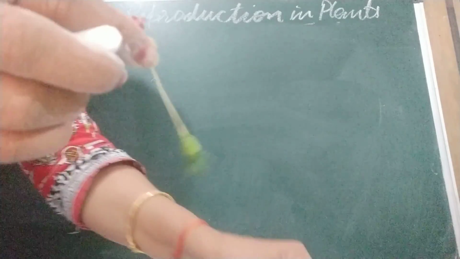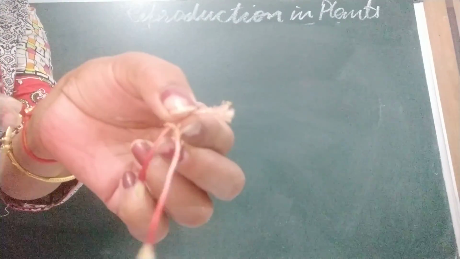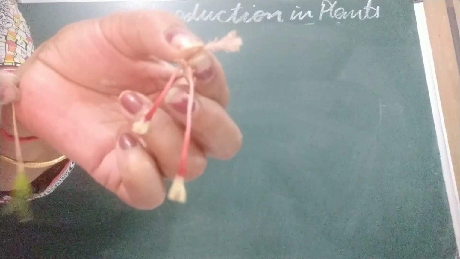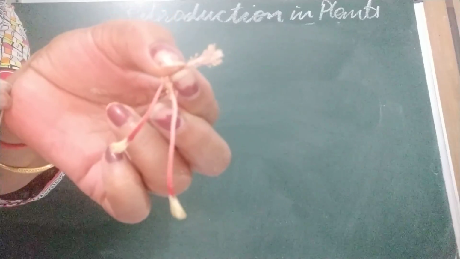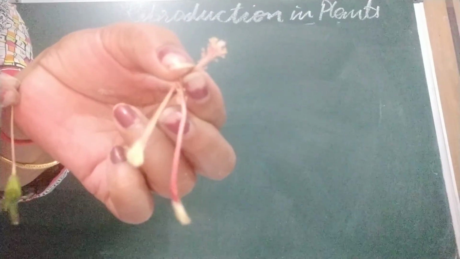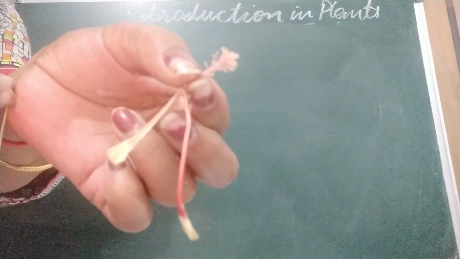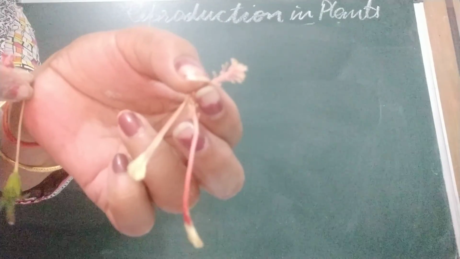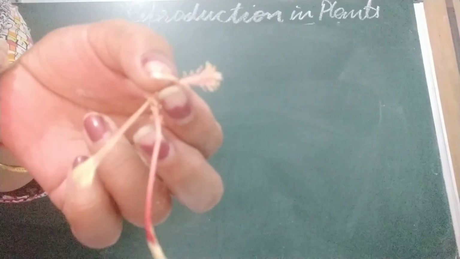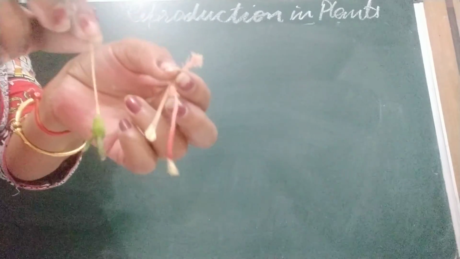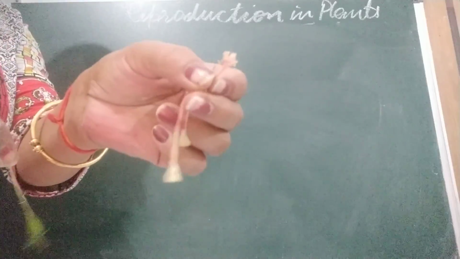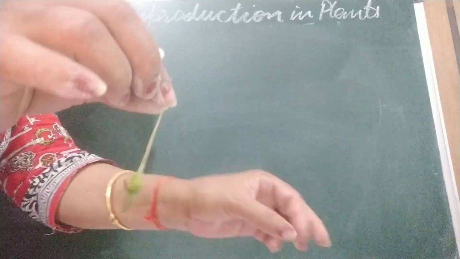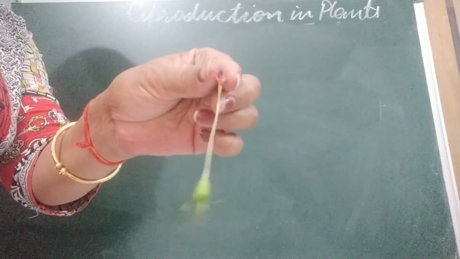You can see the light yellow stamens, so many stamens, and the yellow anther. In the anther, innumerable pollen grains are there. This is the male part, very tiny, and this is the female part. The female part is stigma, style, ovary.